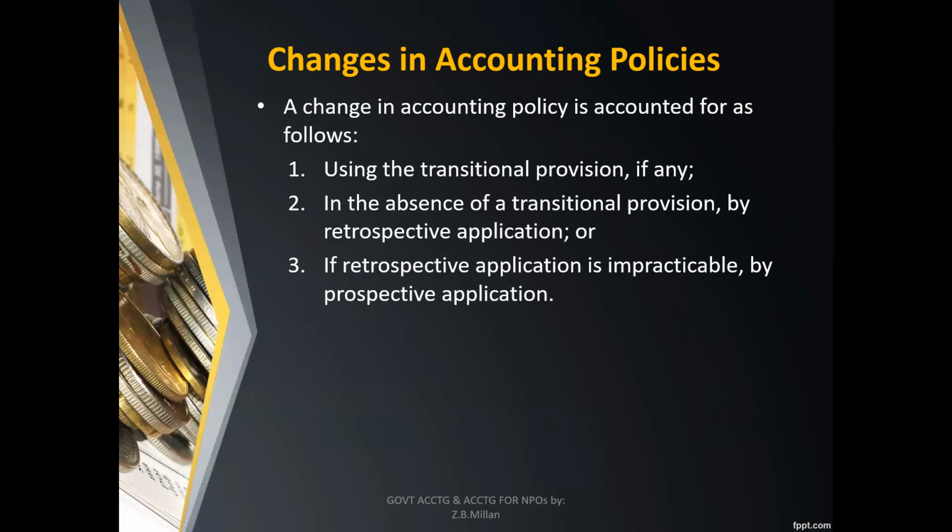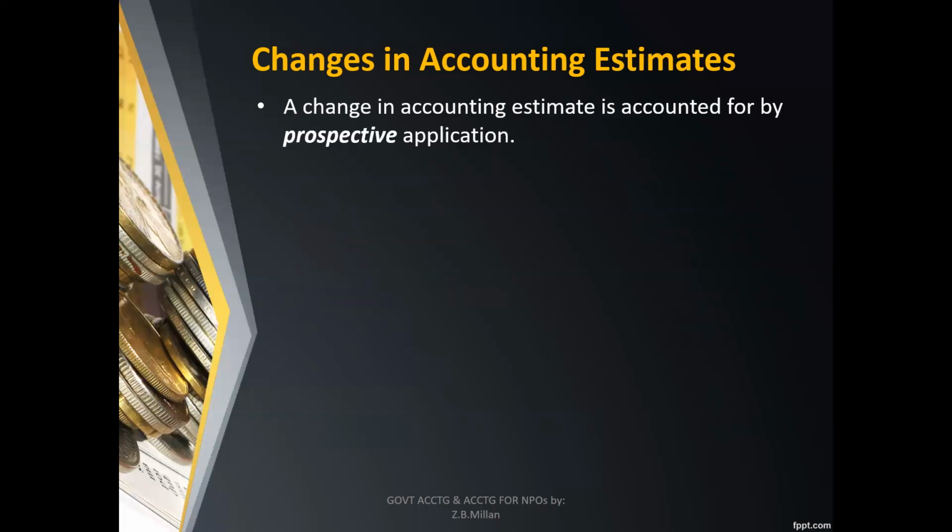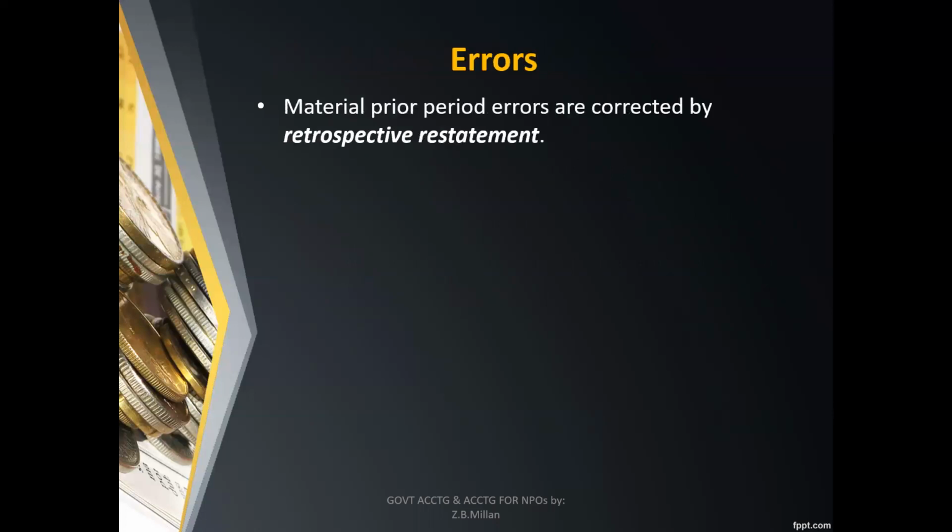So sa mga incoming na financial statement. Again, a change in accounting estimate is accounted for prospective application. Errors, material error are corrected by retrospective restatement. It means you have to correct your net surplus or deficit since retrospective at the time when the error was committed.